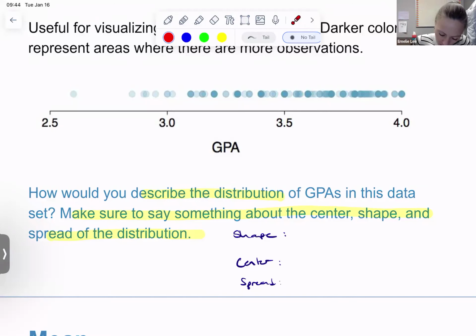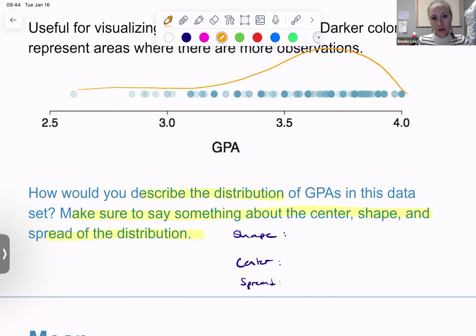So we've got relatively thin data here, and then it's increasing, increasing, increasing, and then it might look something like this, because the darker dots show me that there are lots of points there. It's so wonky. That's okay, I think you get the idea.